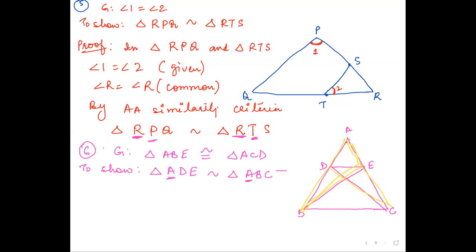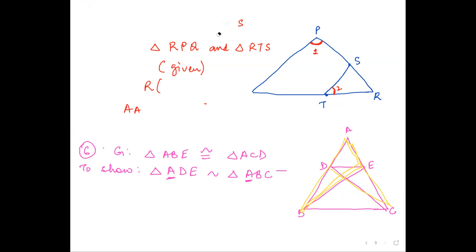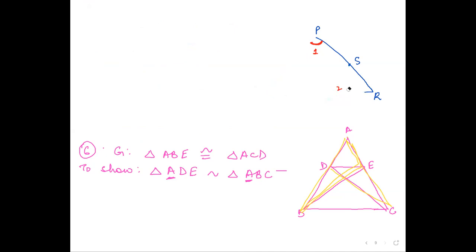Yes, Amna? Yes, ma'am. Okay. So let's start with the congruency, which is given, and what I can conclude from here. Ultimately, I want to show similar, that means I'm going to use some similarity criteria, right?